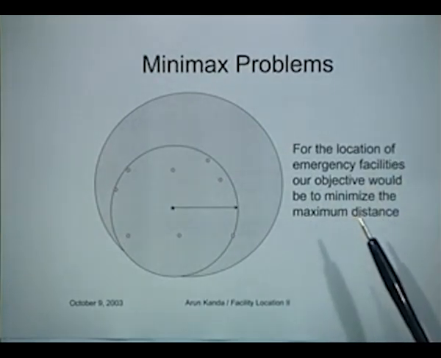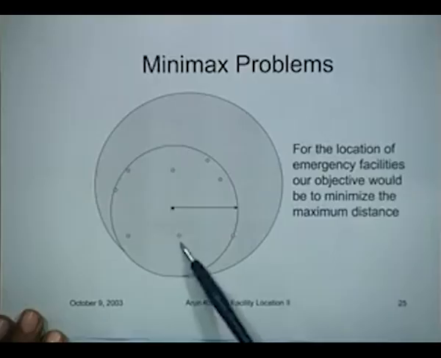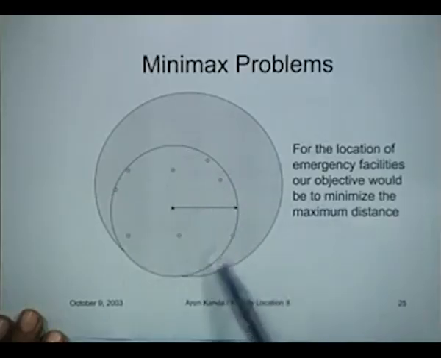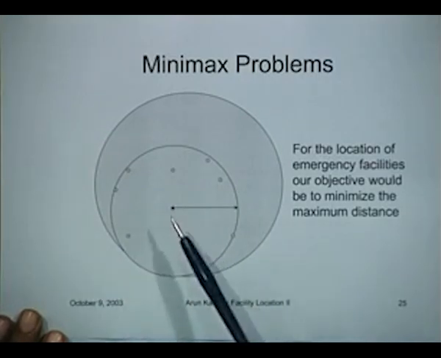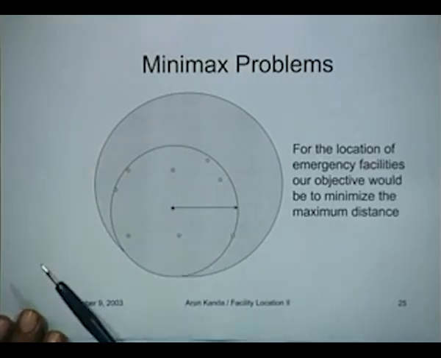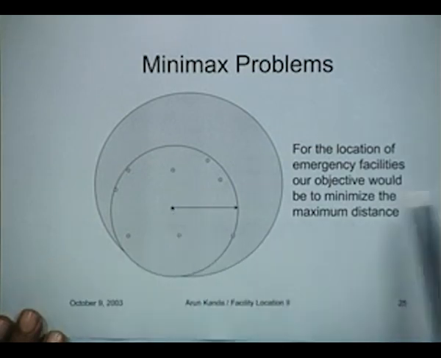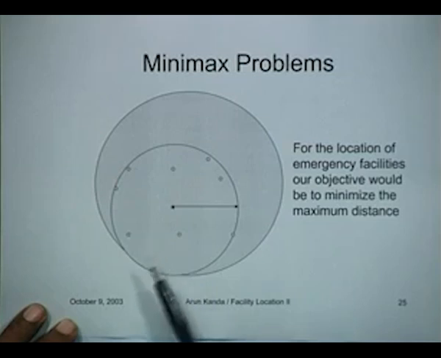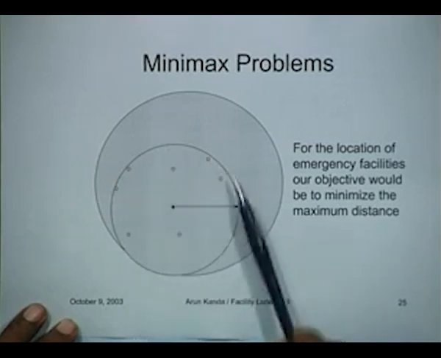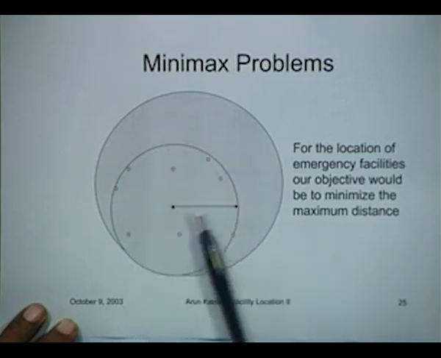Just to give you a motivation without going into details, for instance, if these were the points and you want to locate a facility, what would be a minimax location? A minimax location would be to try to enclose these in a circle, and the circle which has the minimum diameter, the center of that circle, which is, let us say, this one, which encloses these points. This is the circle which encloses all these facilities with the minimum diameter.